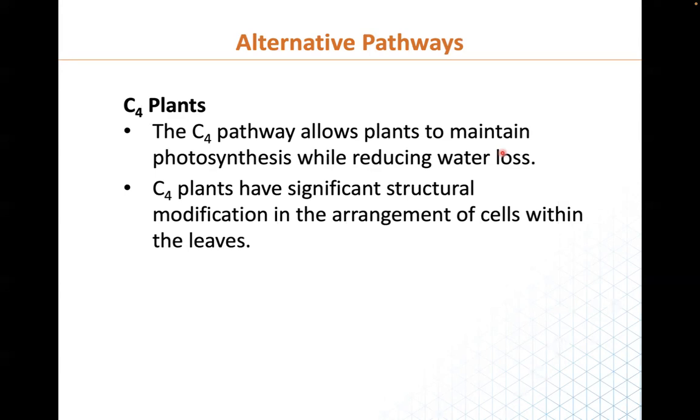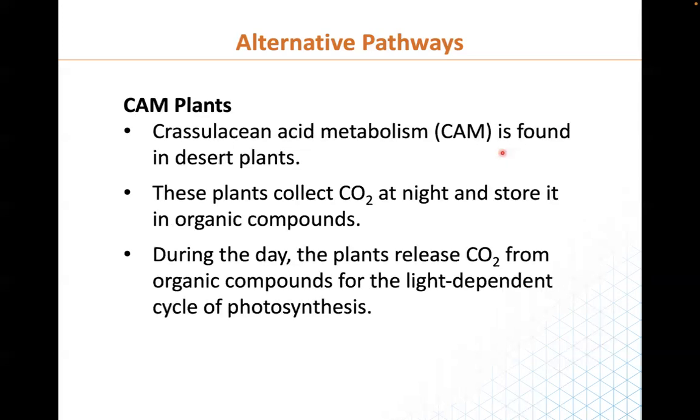Examples are crabgrass, sugarcane, and corn. C4 plants have a significant structural modification and arrangement of the cells within the leaf. The cells are arranged in a different way from the C3 plants, which makes it easy for the plant to save water.